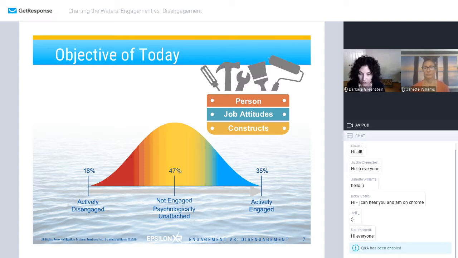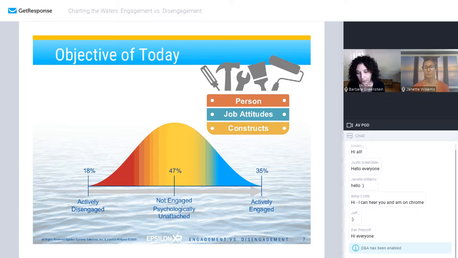Gallup actually shows the following percentages that apply to the workforce prior to COVID-19: 18% were disengaged, 35% were actively engaged, and this number here, which is really quite astonishing, 47% not engaged, or what we call psychologically unattached.